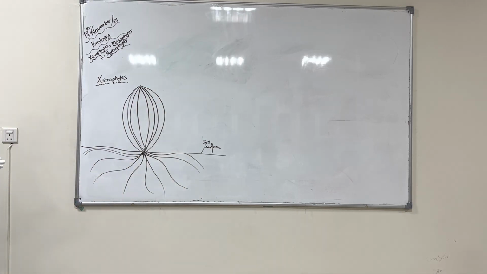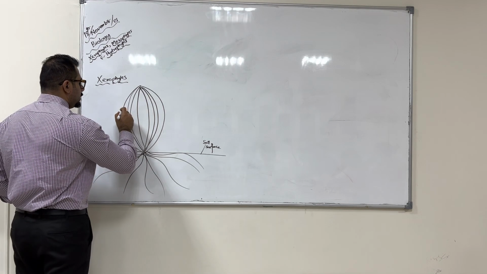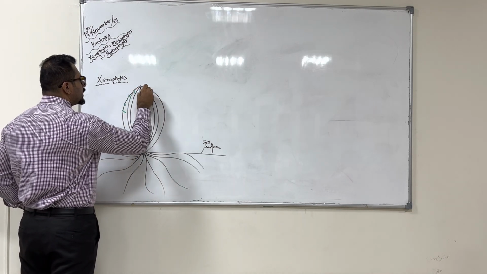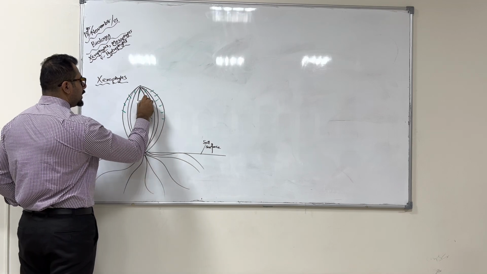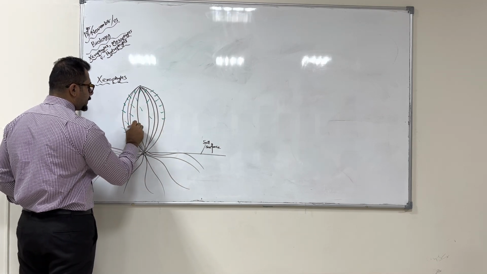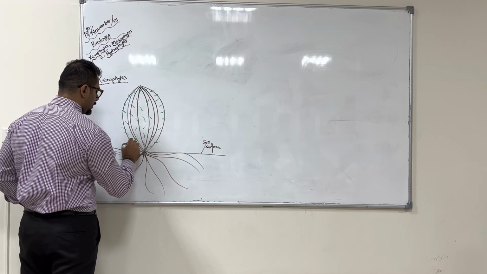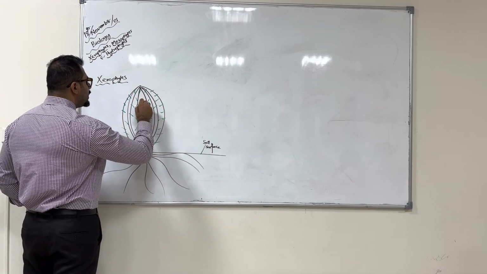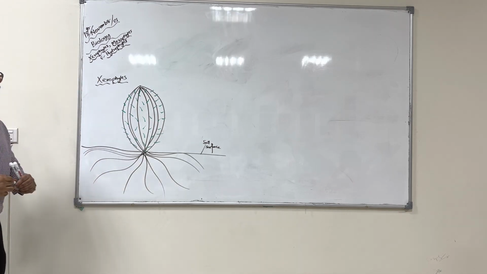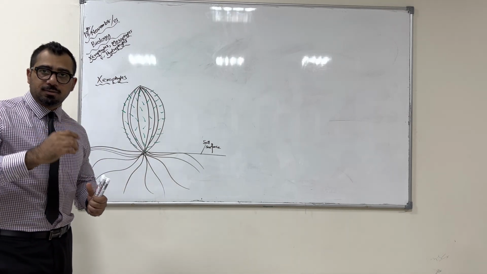This is what the cactus plant looks like. Now, on the cactus plants, do you guys see these thorns or spines, right? So all these structures over here, these are the adaptations which can help in survival.